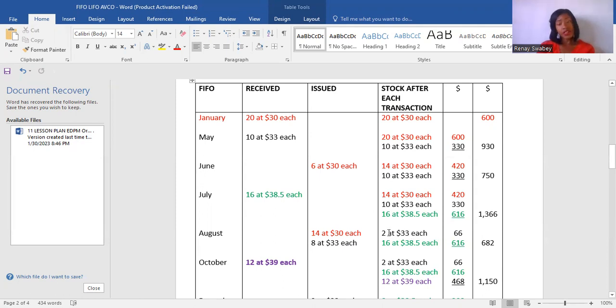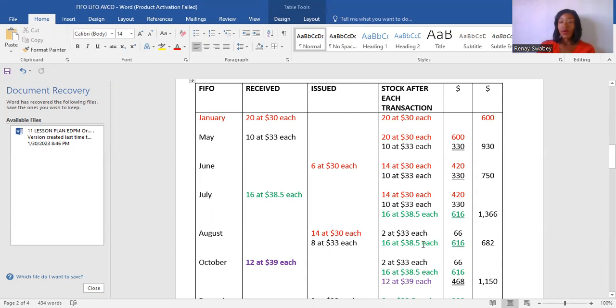So you're going to say 33 times 2 equals 66. In August, we sold 8 of these 10 goods. Sorry, we're not going to say 8 times 33. We're going to say 2 times 33 because this 2 is what is left over after we sold the 8 out of 10.